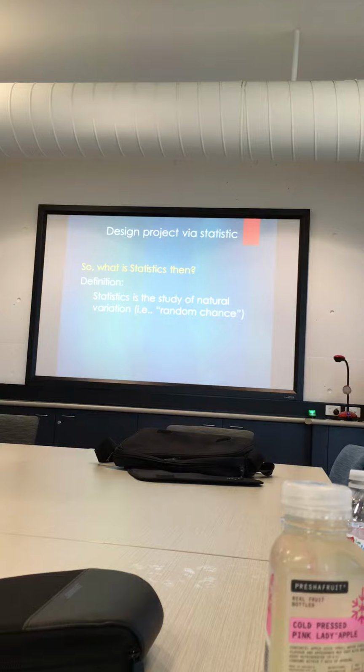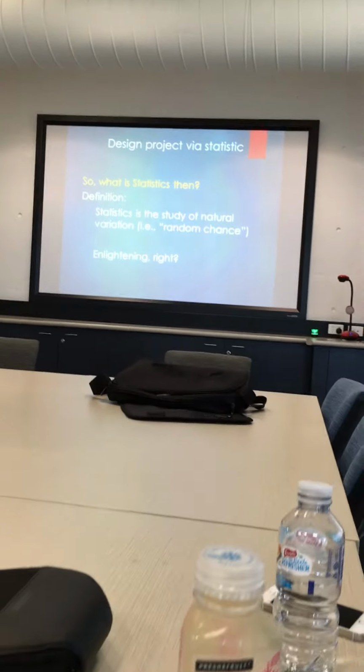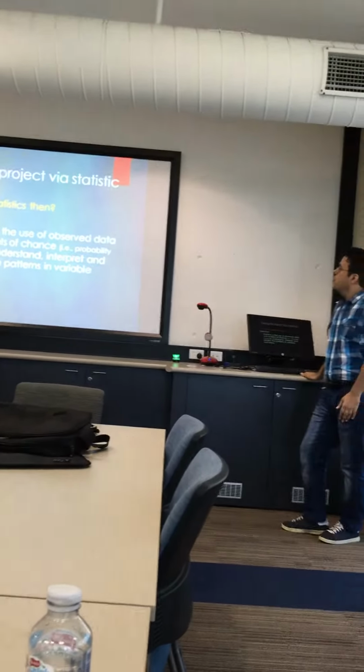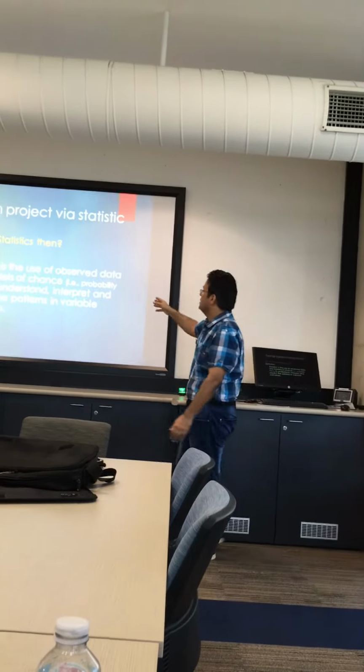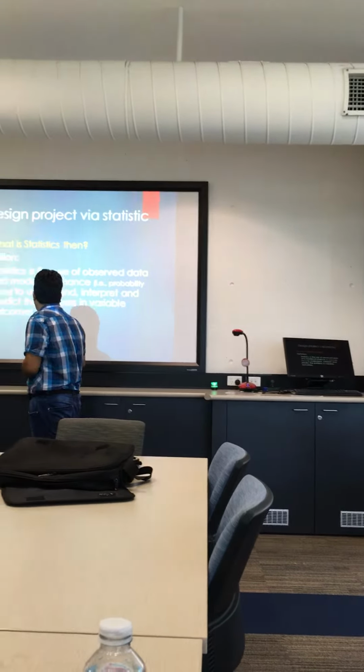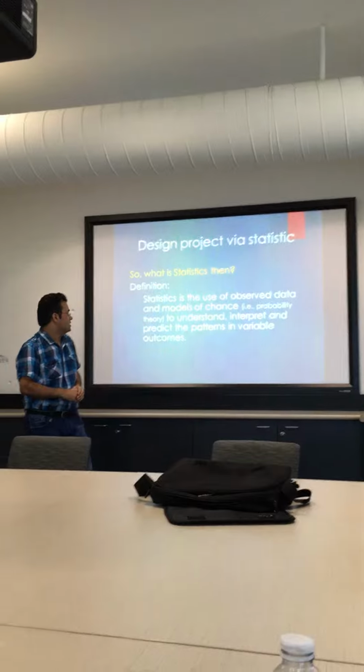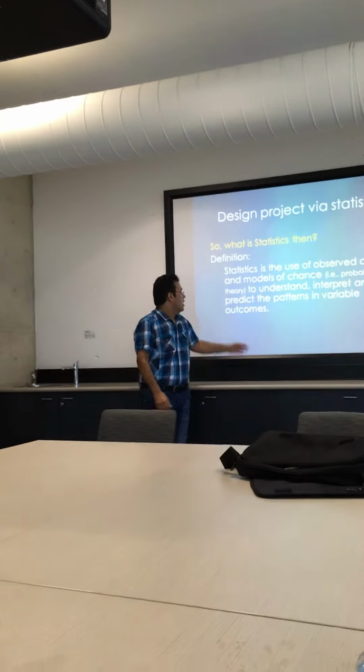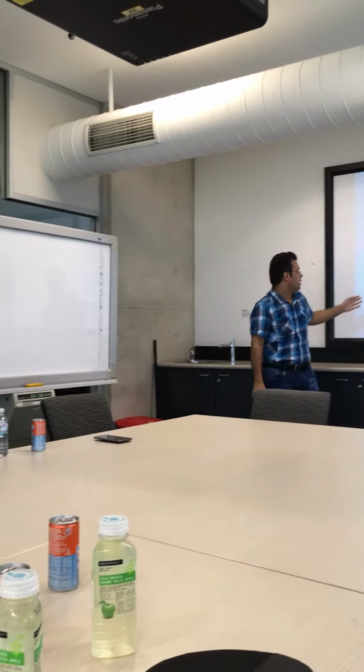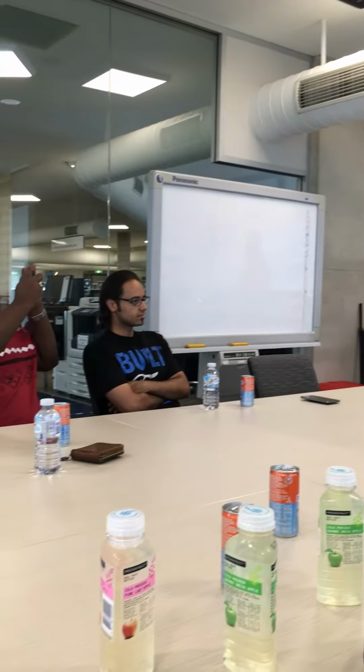The other, formal definition is that statistics is used to observe data and models of chance, like probability theory, and to understand, interpret and predict patterns in variable outcomes.